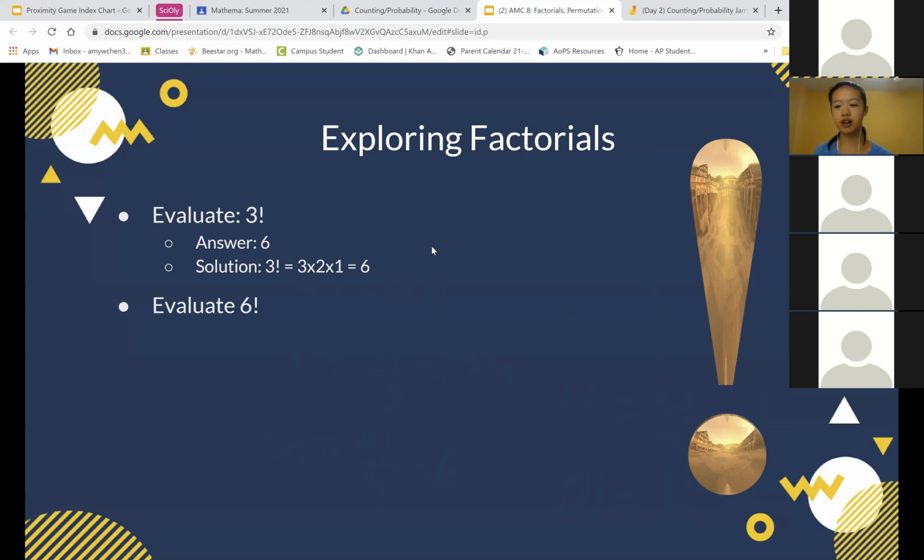Or if you memorized what 5 factorial is, 5 factorial is 120. Then instead of multiplying 6 times 5 times 4 times 3 times 2 times 1, you could just do 120 times 6. That's because 5 factorial times 6 is just 6 factorial.